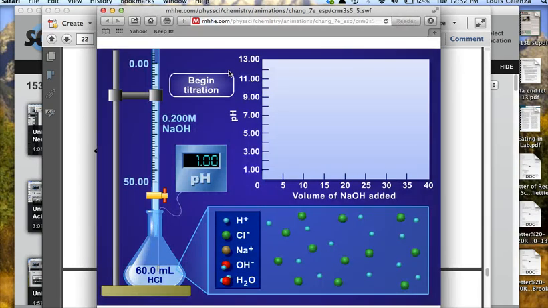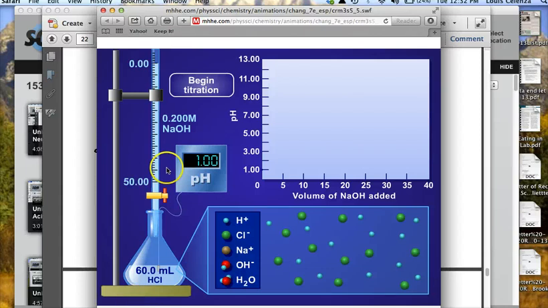In a titration experiment, a solution of accurately known concentration, called a standard solution, is gradually added to another solution of unknown concentration until the chemical reaction between the two solutions is complete. Let's consider the titration of an unknown concentration of a hydrochloric acid, HCl, solution with 0.20 molar sodium hydroxide, NaOH.